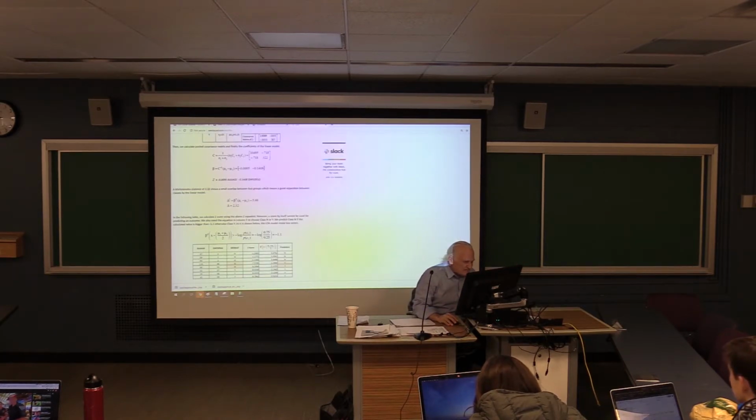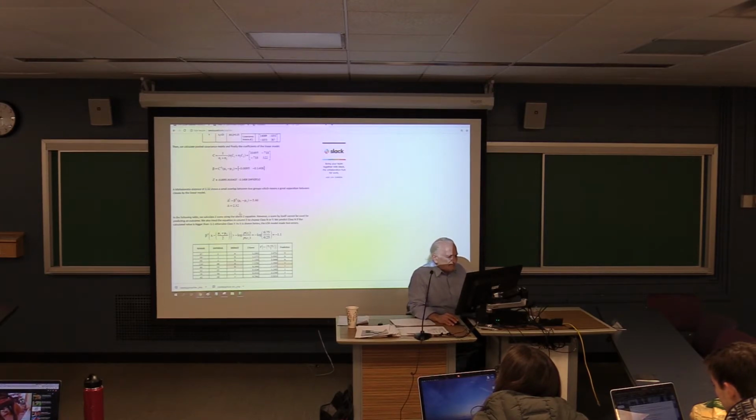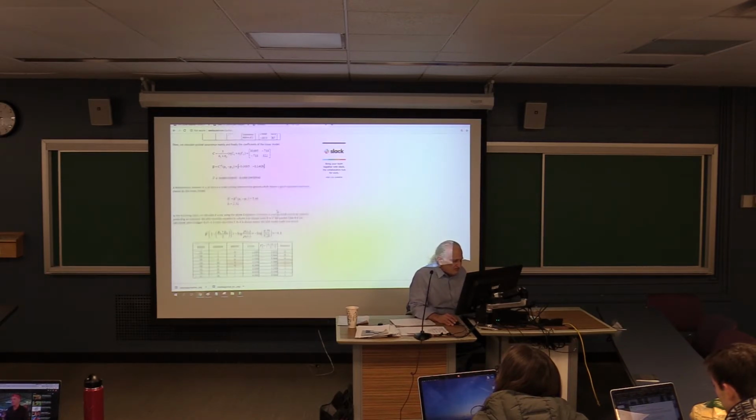So in this example that I did, the Mahalanobis is 2.32, which means that it's a decent distance. I forget which is the minimum, which shows you that the groups overlap.